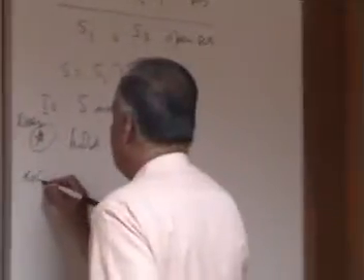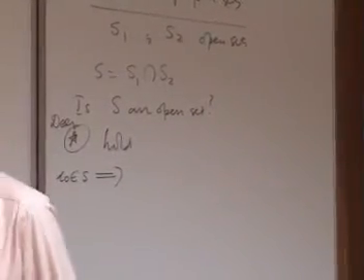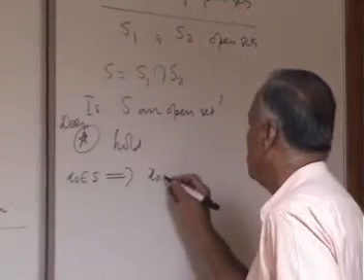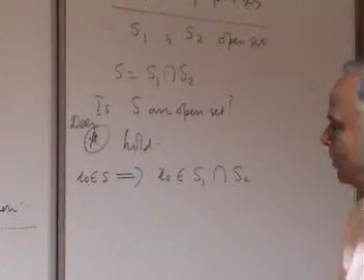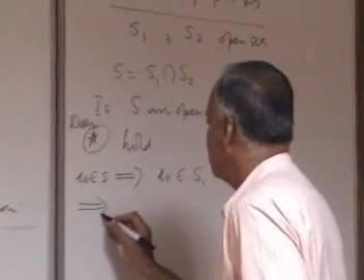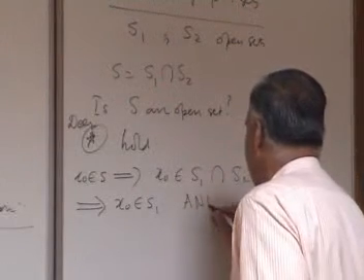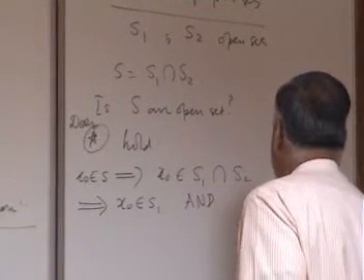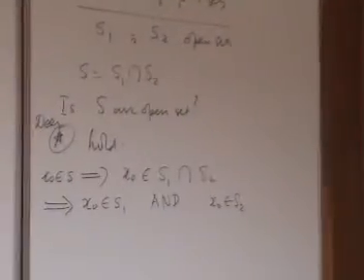x naught belongs to S. Previously we said therefore x naught belongs to the union. Now we will say x naught belongs to the intersection. Now that says x naught belongs to S1 and x naught belongs to S2. It is AND now.